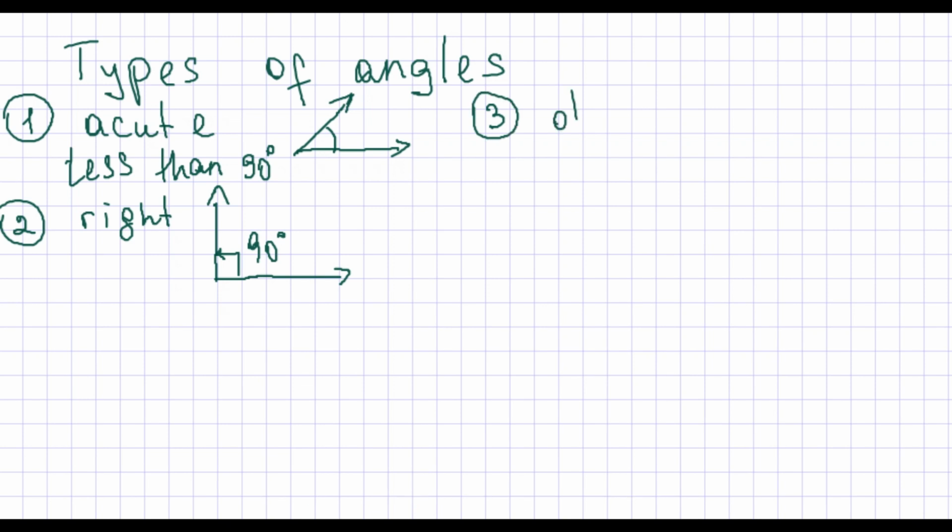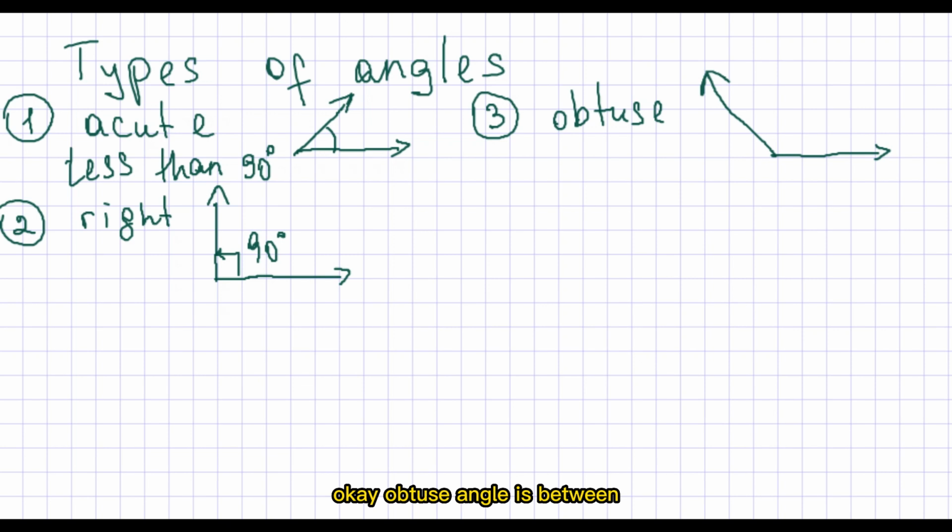Okay, the third type of angle is called obtuse angle. Okay, obtuse angle is between, as you see, it is more than 90 degrees, but it is not straight now, so it is less than 180 degrees.